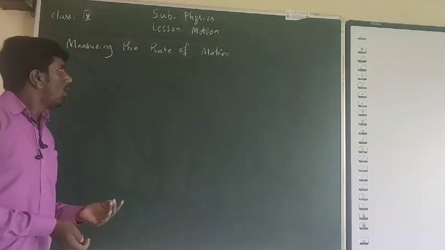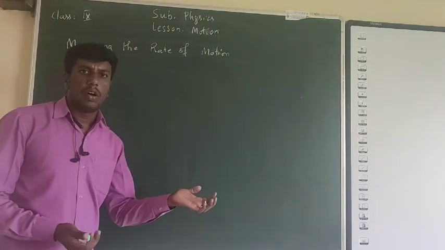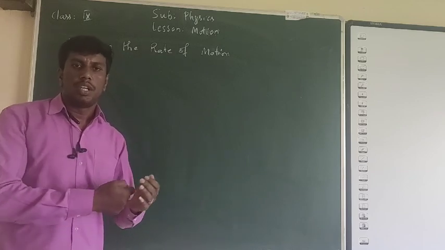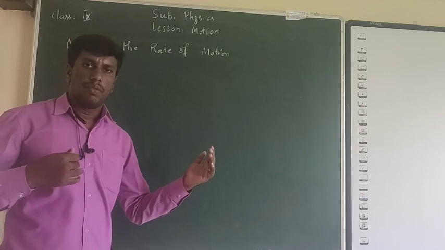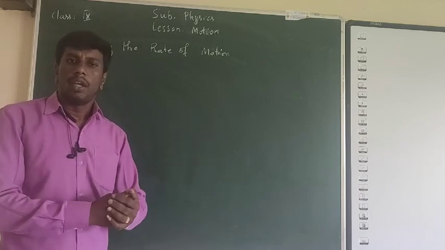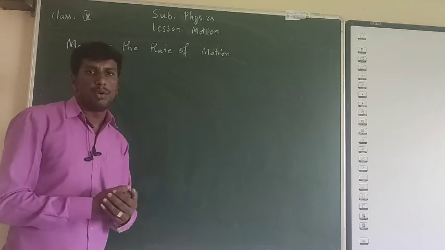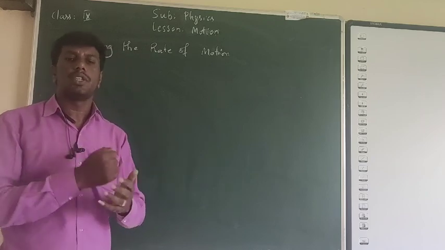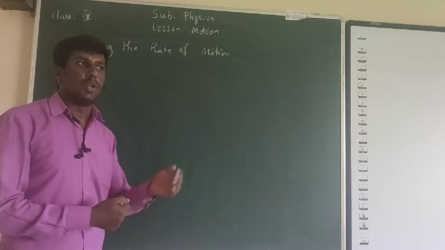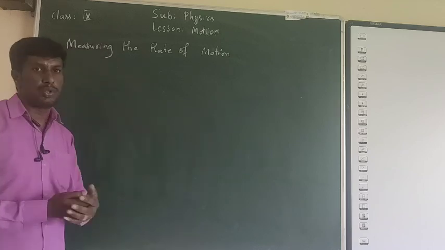If the object is moving, of course we can say that it is moving. Whether it is moving fast or it may move slow. But how to measure the rate of motion? In what rate it is moving? So how to find that out? Let us see how to measure the rate of motion.